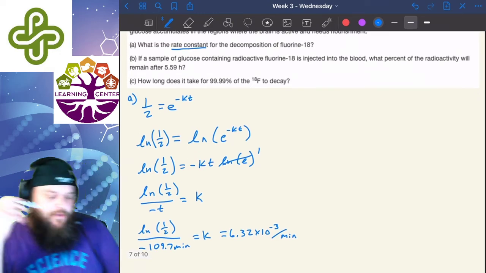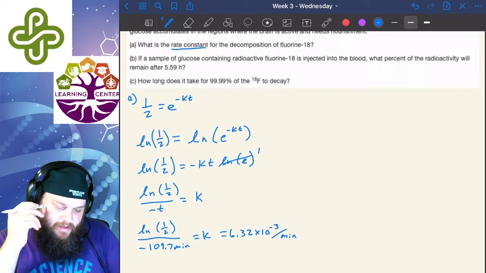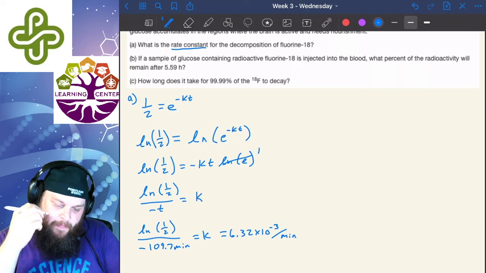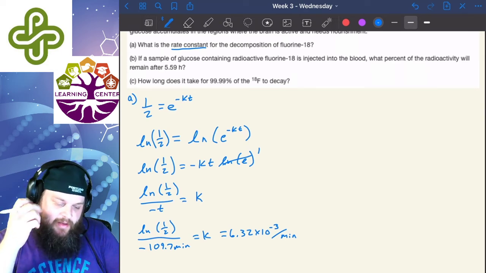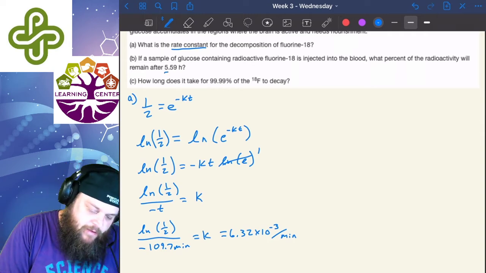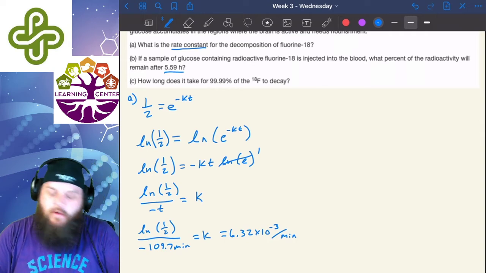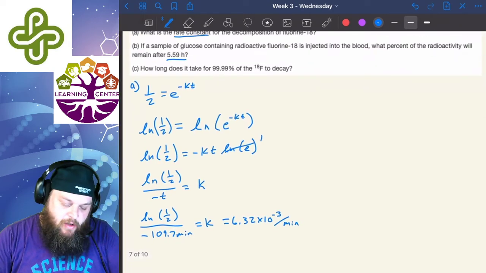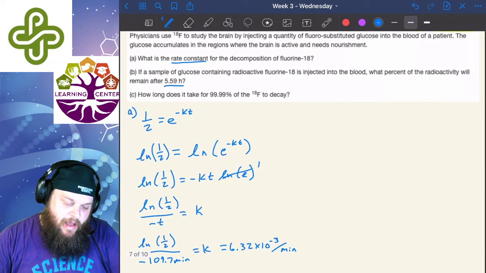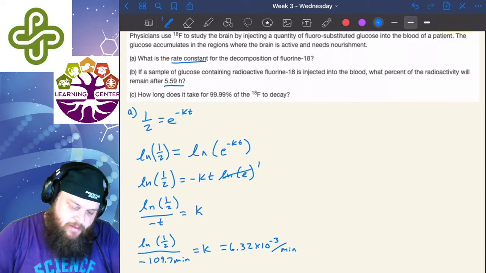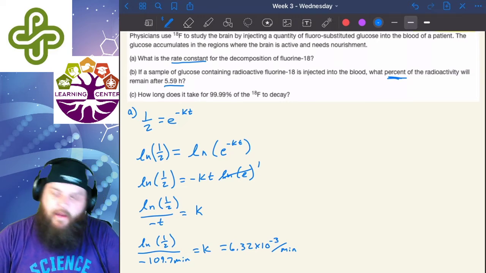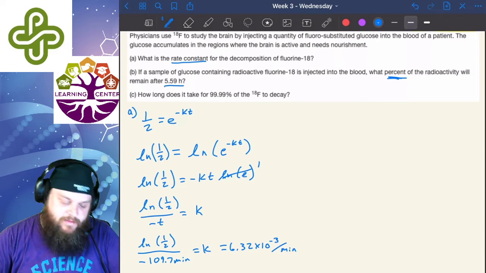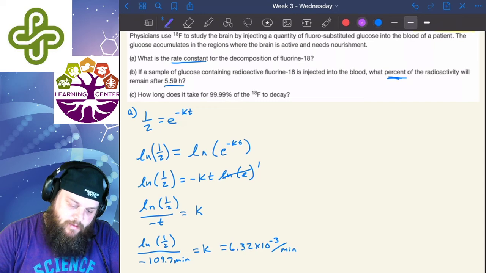For part B, if a sample of glucose containing radioactive fluoride, fluorine 18, is injected into blood, what % of the radioactivity will remain after 5.59 hours? So now that we know the rate, they want to know how much is left. They want what percentage of the radioactivity will remain after 5.59 hours. So I'm going to do part B over here.